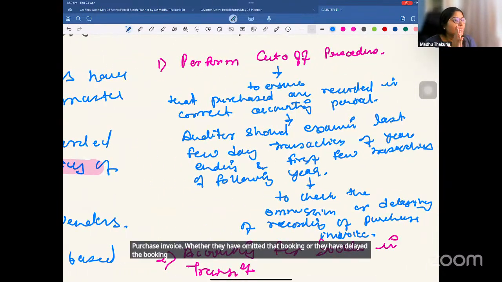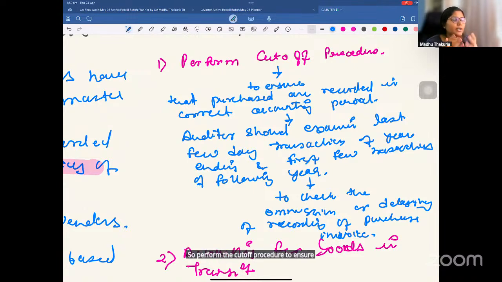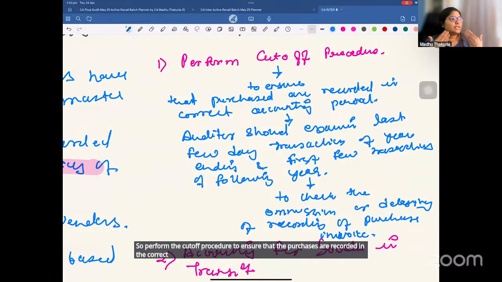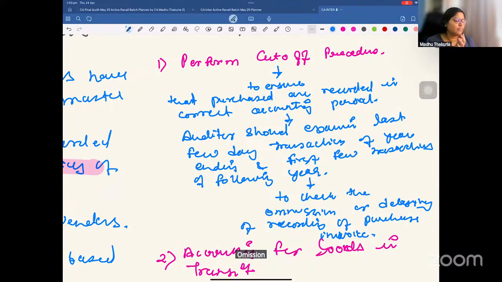So perform the cutoff procedure to ensure that the purchases are recorded in the correct accounting period.